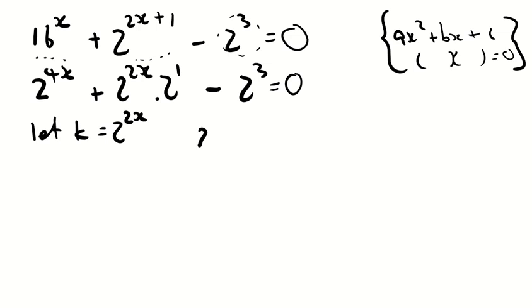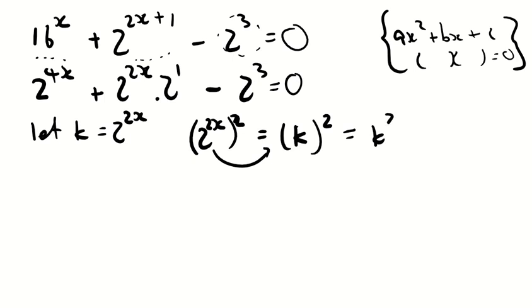So we know that 2 to the power of 2x is k, right? But if we square it, the inside part is still k, but because we square it, we're going to get k squared.